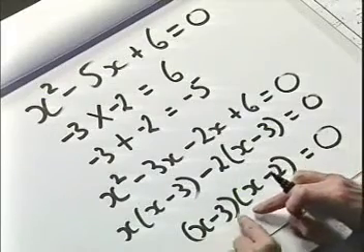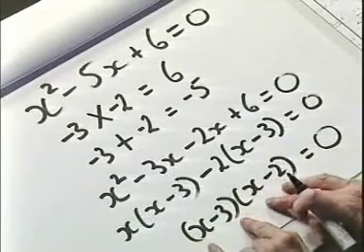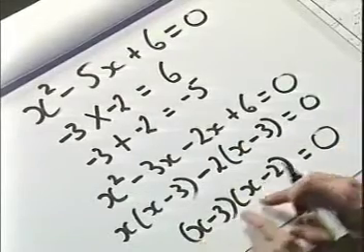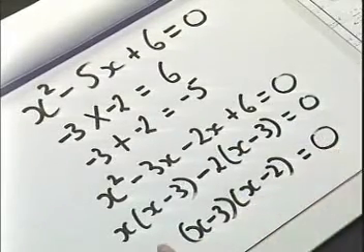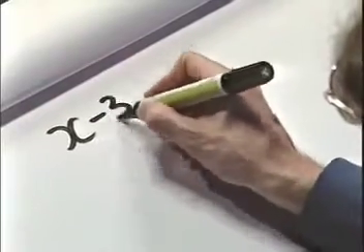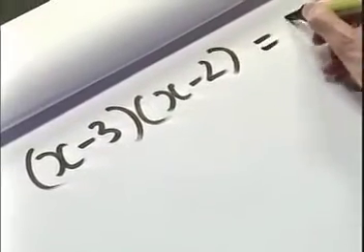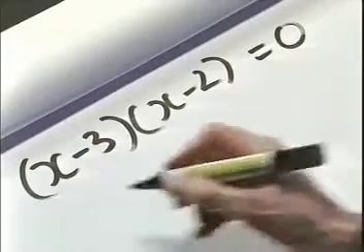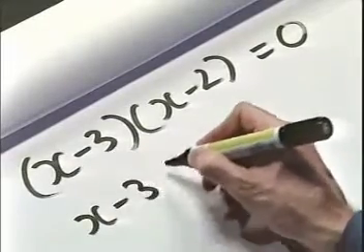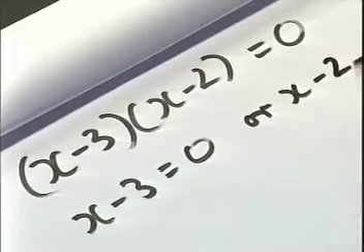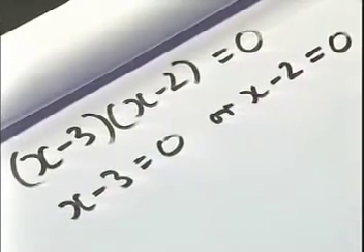And so here I've arrived at two numbers multiplied together, and they give me 0. So one of them must be 0, or the other one must be 0, or they perhaps both 0. So if we just write that down again, x minus 3 times x minus 2 equals 0, then either x minus 3 equals 0 or x minus 2 equals 0.